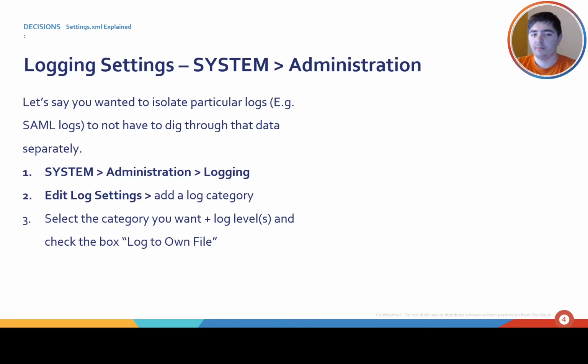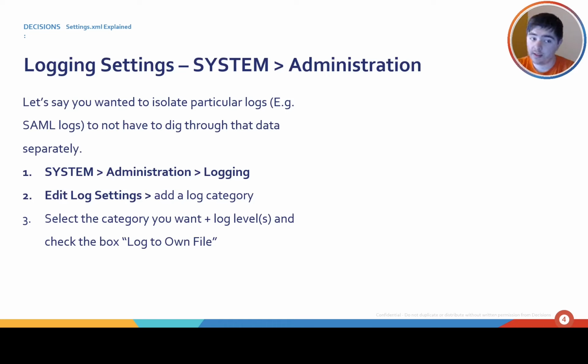For example, maybe you are trying to have users log in through an identity provider and you want to track the SAML logs because some users are reporting they can't get into Decisions. The SAML logs have a very high chance of capturing some of those errors. So we want to log them to their own file so that we can analyze those logs separately.